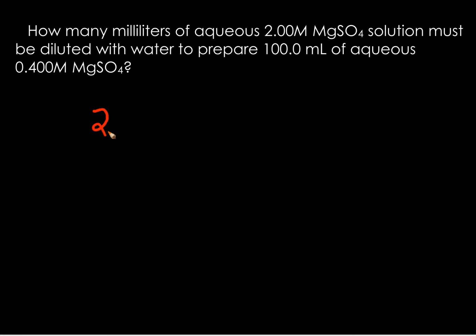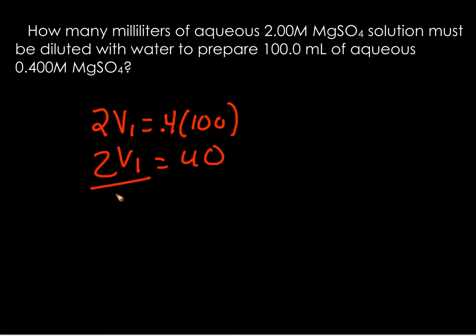So we have 2, and we'll have V1 here. That's what we're looking for. So we have 0.4 times 100. 0.4 times 100 we know is 40. Divide by 2, and we get 20 milliliters.